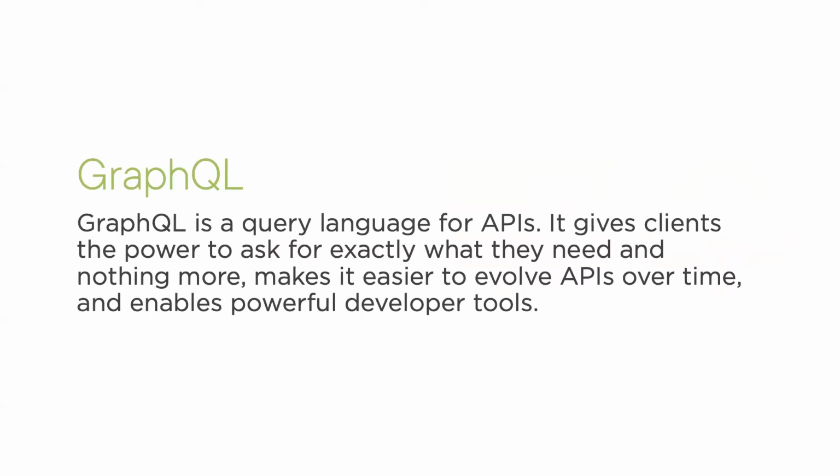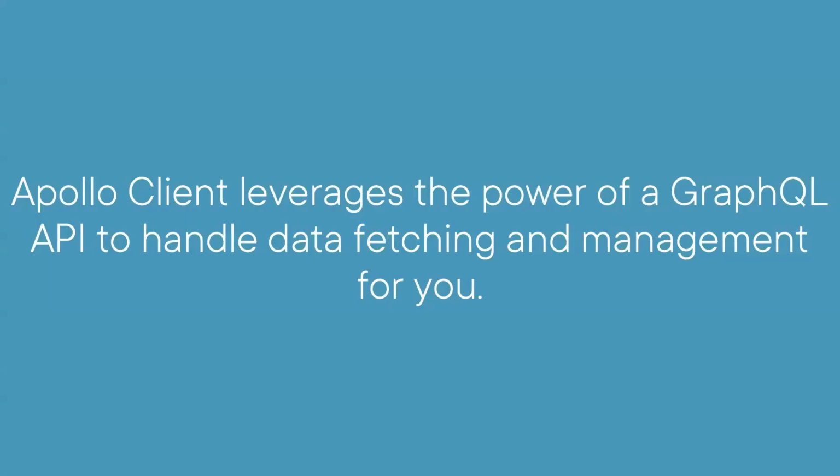And it definitely comes with a lot of powerful developer tools as well. On that note, what Apollo Client does is it leverages the power of GraphQL and it handles the data fetching and data management for you. It's basically a tool that you use to make your developer experience really seamless when you're using GraphQL.